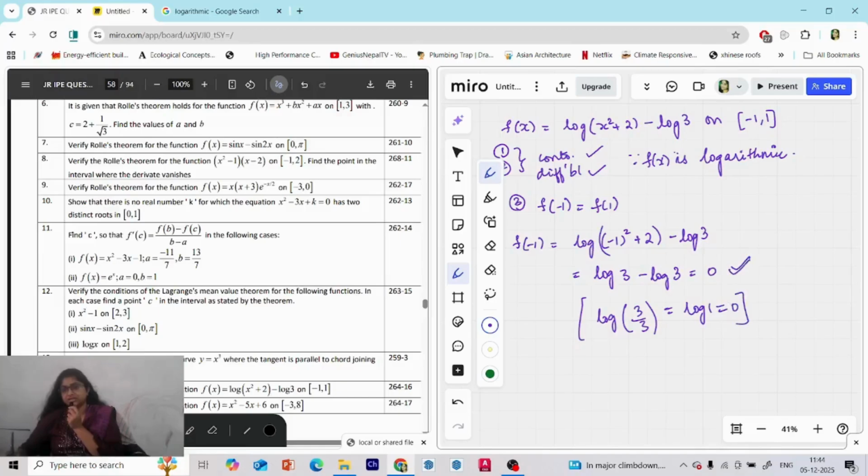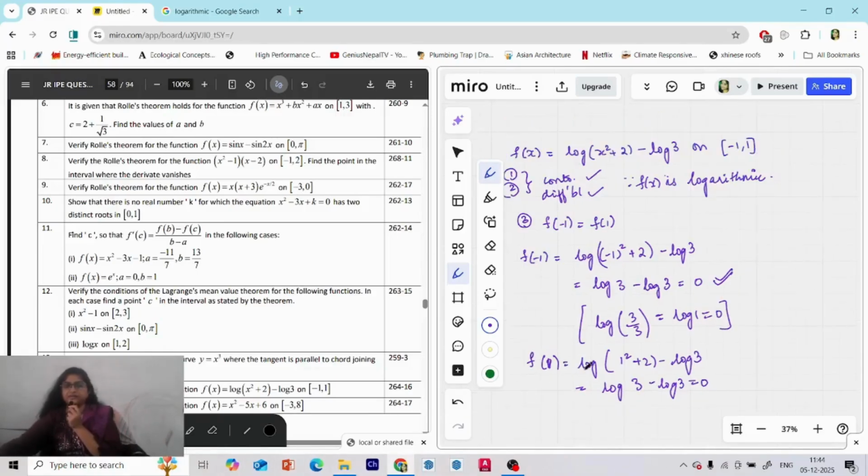Obviously this is an easier method to do, so we'll opt for this. Similarly, f of 1 would be log of 1 square plus 2 minus log 3. Again this is log 3 minus log 3, which is 0. So f of minus 1 is equal to f of 1 holds true. Therefore we can say that f of x satisfies Rolle's theorem.